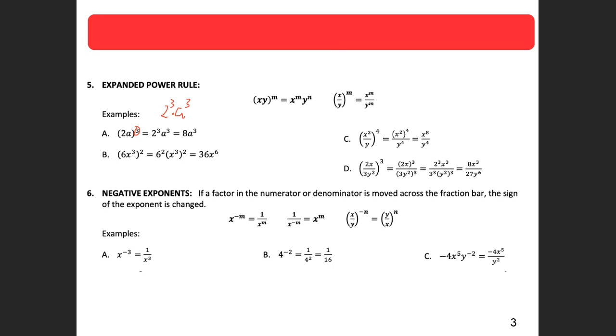If I had something like 6x to the 3rd to the 2nd, well, that's going to be 6 to the 2nd times x to the 3 times 2, which is to the 6th power. So you have to be really careful when you have parentheses and you have a power out there, because that power is going to go to all of them. Okay, so be very, very careful.